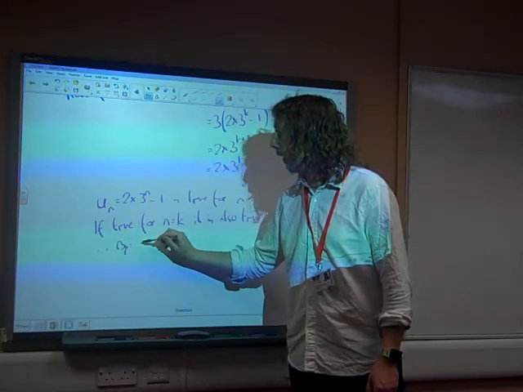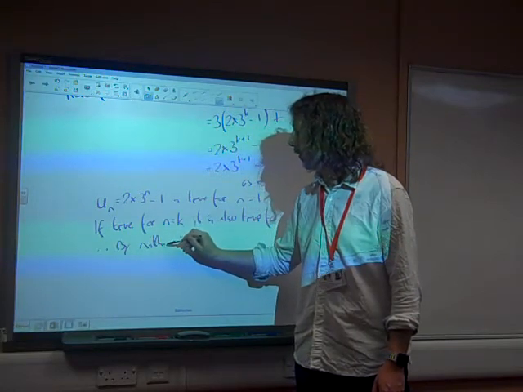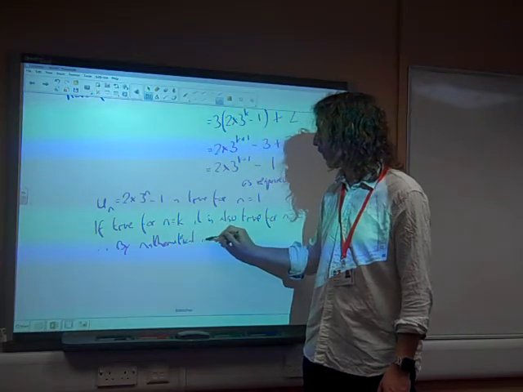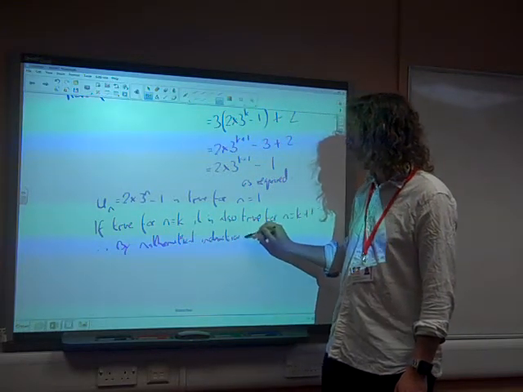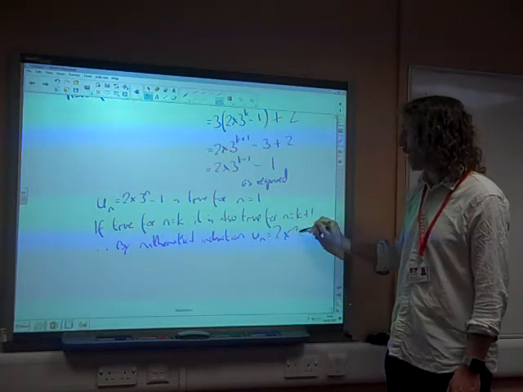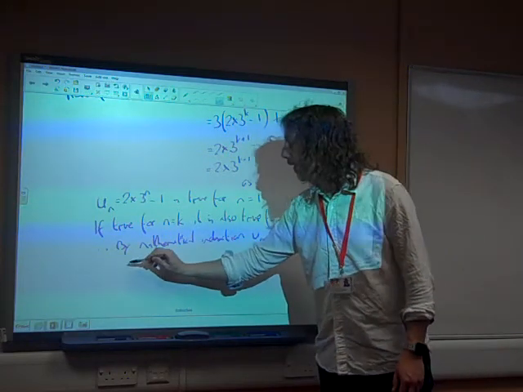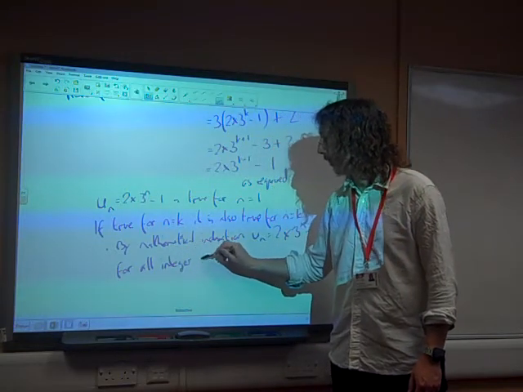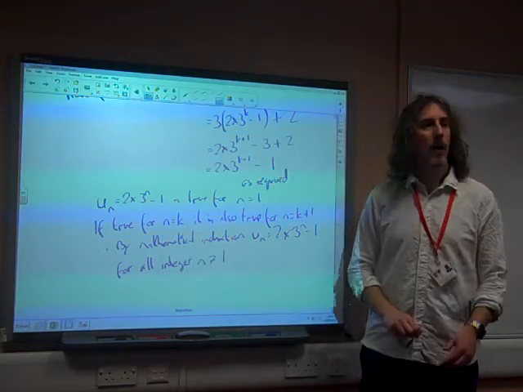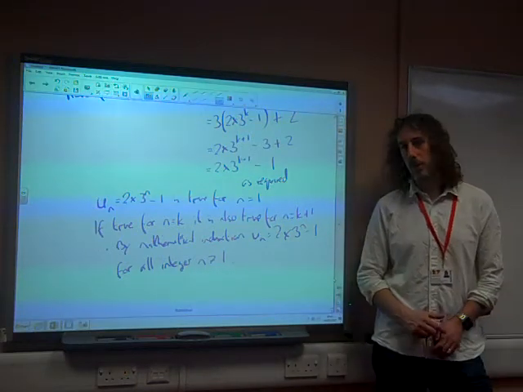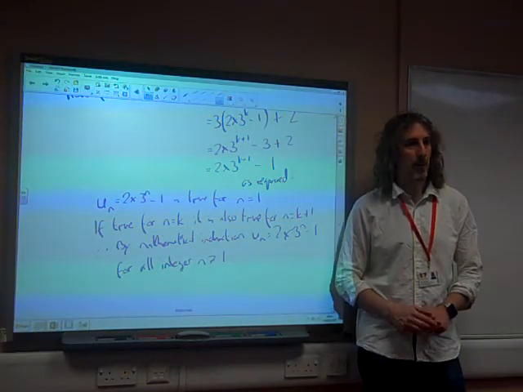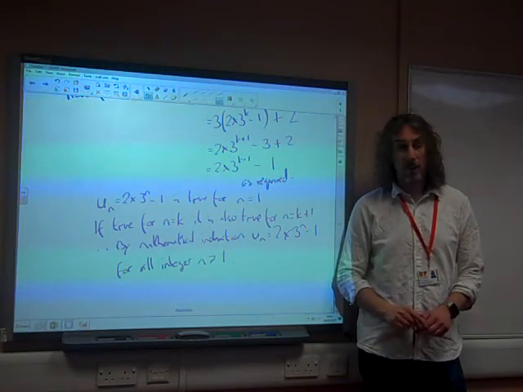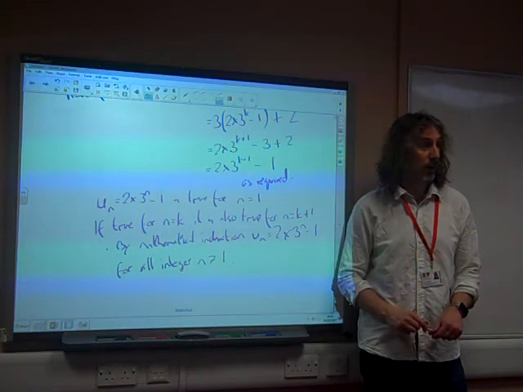Therefore, by mathematical induction, I can't spell, Un is 2 times 3 to the n minus 1 for all integer n greater than or equal to 1. And maybe there's more words than we necessarily need in that statement there, but we're going to make absolutely certain that we've got enough words in to get the mark. And that's 4 marks. That was all there was to it.